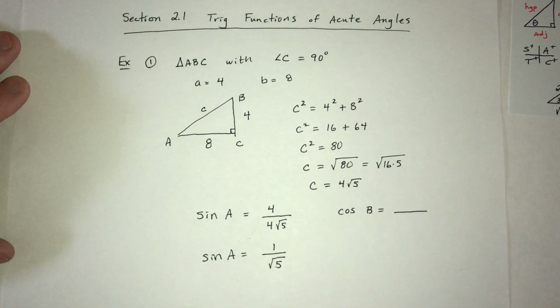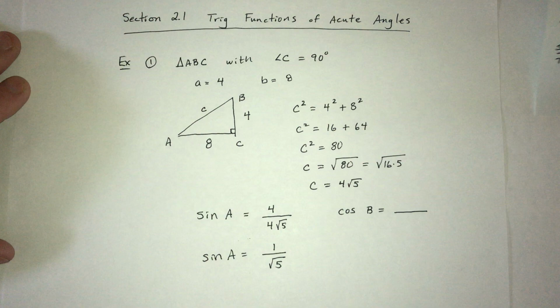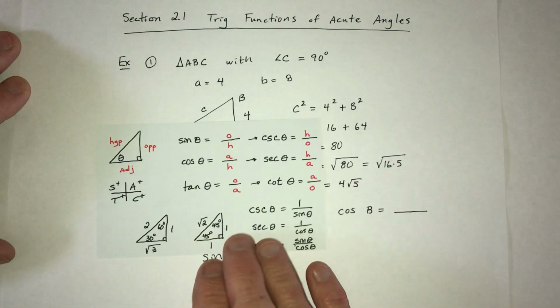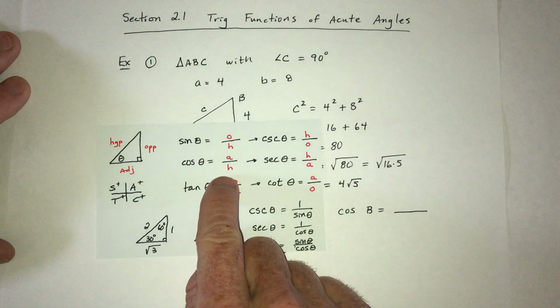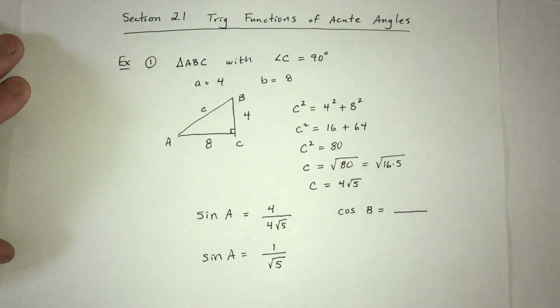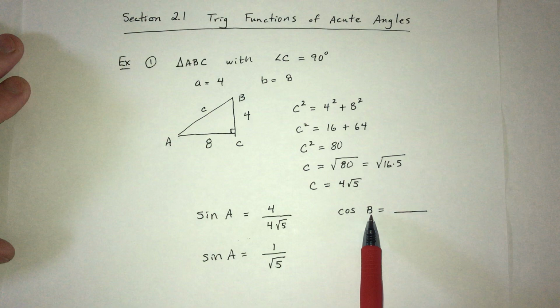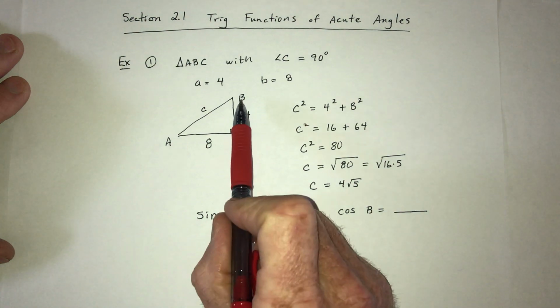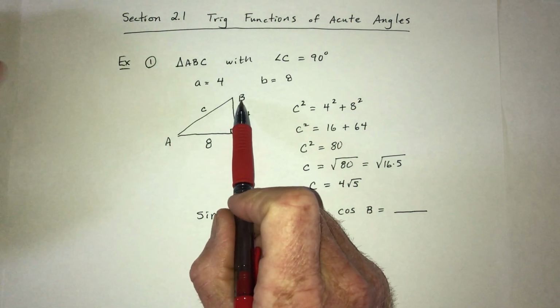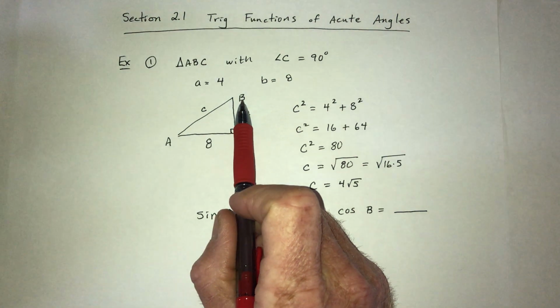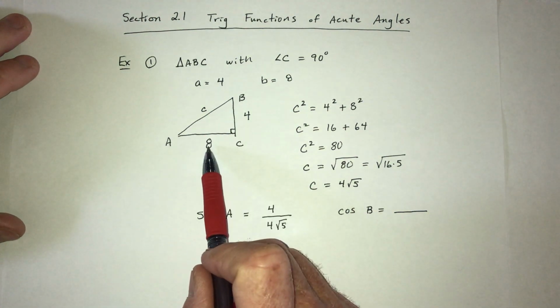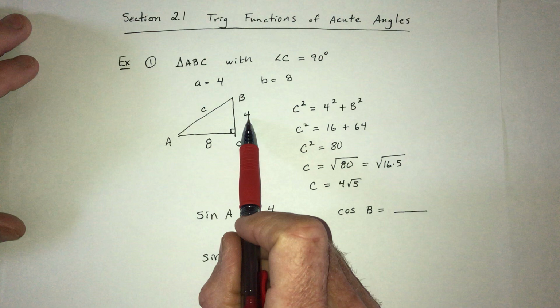Now, what about cosine of B? So then, I think, through my memory, what's cosine? It's adjacent over hypotenuse. The first thing to do is look at what angle is being talked about, B. So opposite would be 8, adjacent would be the 4.